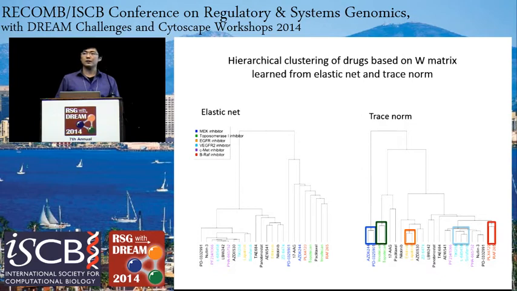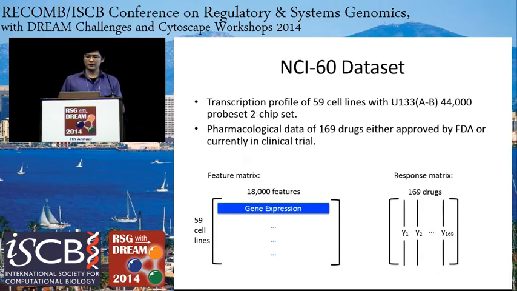So, of course, here in the CCLE dataset, we only have 24 drugs. However, since our method is very scalable, we can also apply it to a larger dataset, such as NCI 60. For the NCI 60 dataset, I used the transcription profile of 59 cell lines with 44,000 probes, covering 18,000 genes.